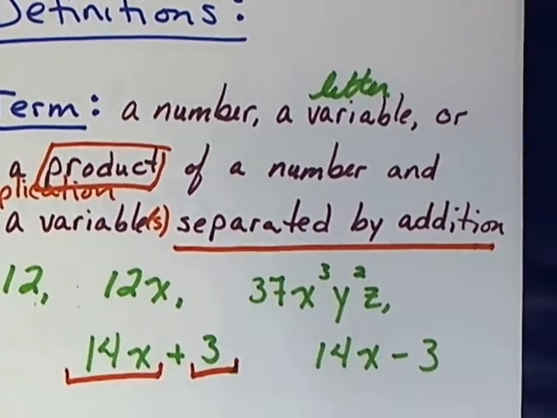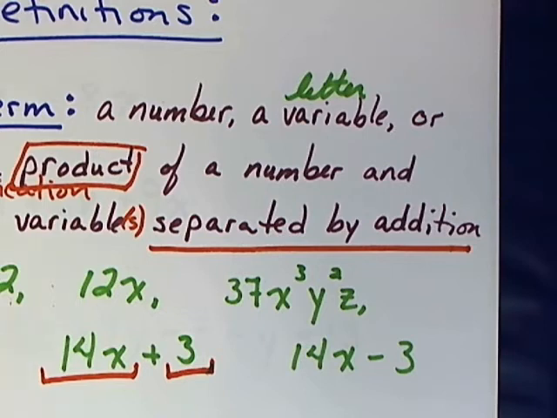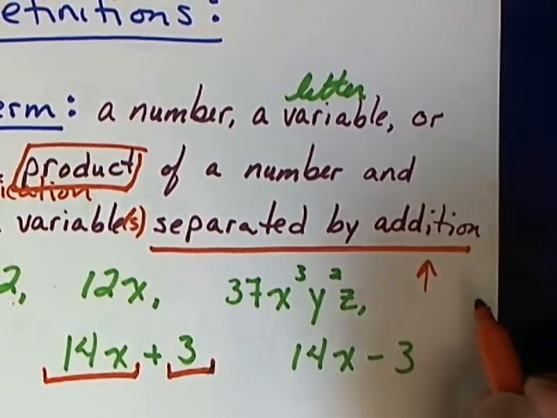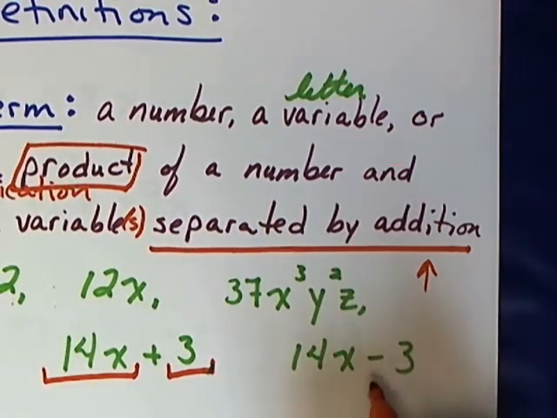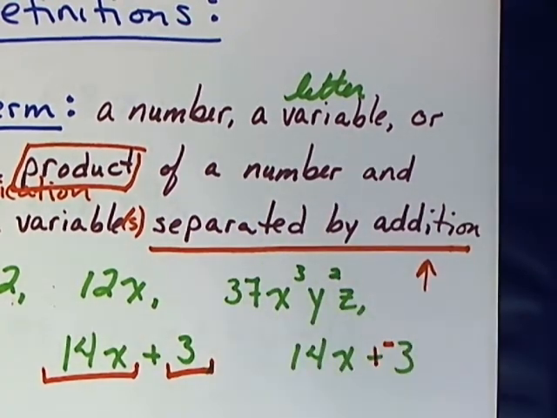My last example has 14x minus 3. This also is two terms. Well, wait, I thought terms were only separated by addition. Correct, but what did we just go through with subtraction? Subtraction is the same thing as adding a negative. So when I see this subtraction problem, I can think of change.